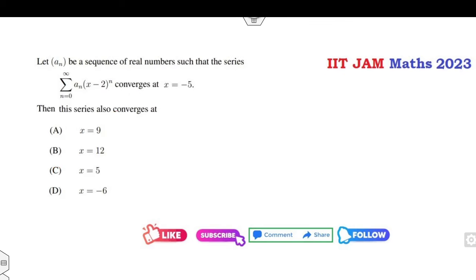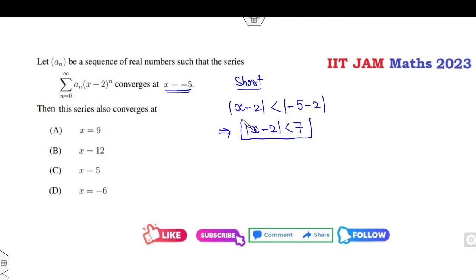Okay, a_n is a sequence of real numbers such that the power series is convergent at 5. Then this series is also convergent at, again the same shortcut trick, the center is x minus 2. If the power series is convergent at minus 5, that means this power series is also convergent for |x minus 2| less than 7.